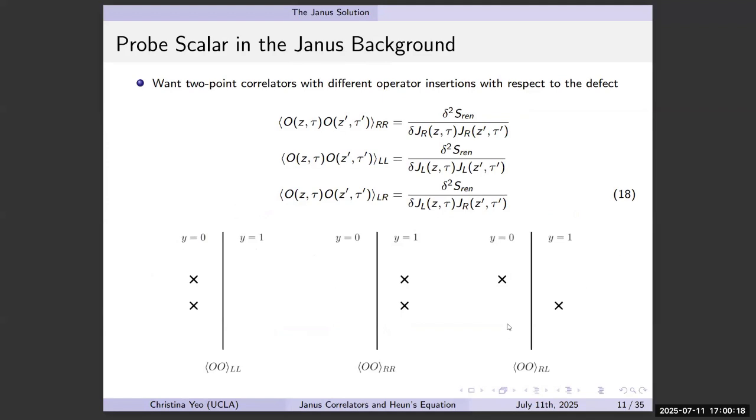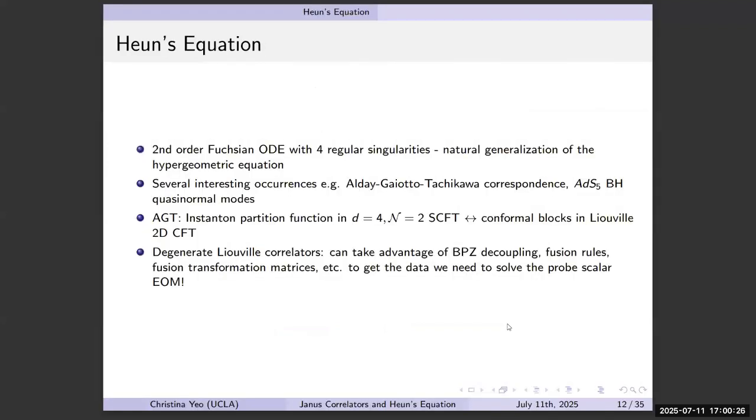Okay, so we want to solve this equation, which is very difficult to do analytically. So I'm going to take a little detour to tell you how we did that. So again, Heun's equation is a second order Fuchsian ODE, the generalization of the hypergeometric equation. The nice thing about this equation is it pops up in several different places.